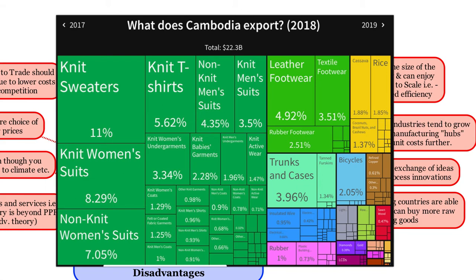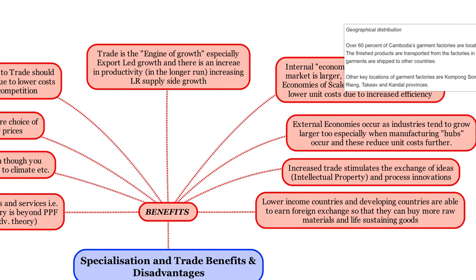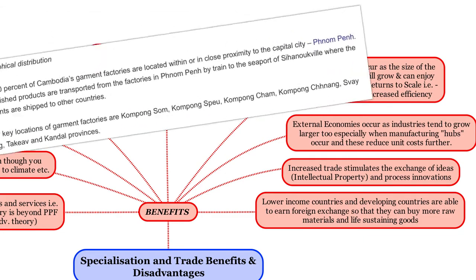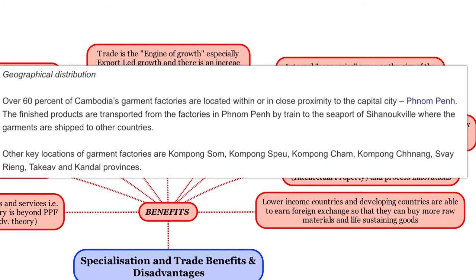And the key thing really is that they are enjoying these internal economies. So as that Cambodian industry grows, each individual company is enjoying internal economies of scale. But on the other hand, we also need to consider external economies of scale. Now, what it says here is in Cambodia, 60% of those factories are either within or in close proximity to their capital, Phnom Penh.